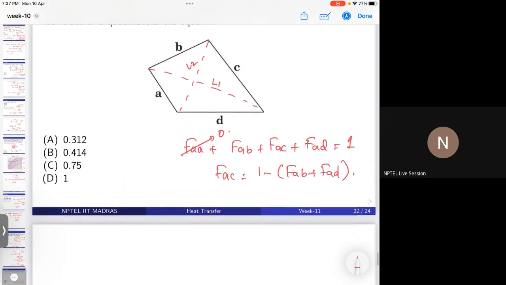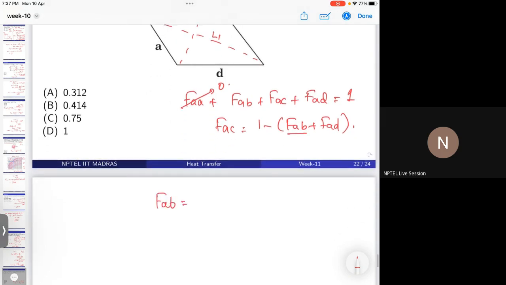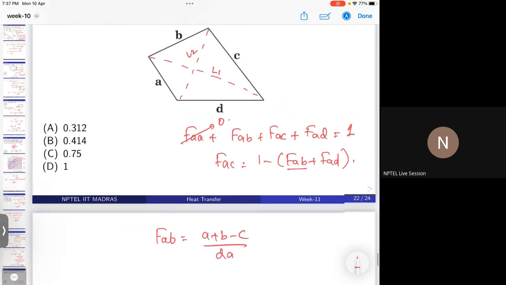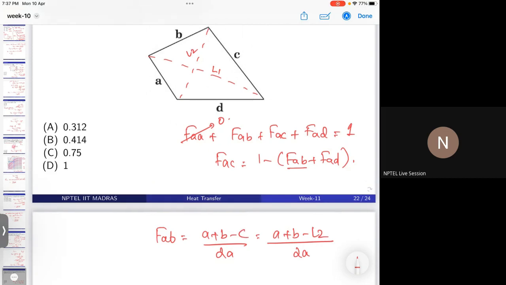So the view factor relationship for FAB: if I write this triangle, it comprises A, B, and because we have to find out AB, then AD. So FAB is equal to (A plus B minus C) divided by 2A. What is the third side, which is L2? So A plus B minus L2 divided by 2A. That is FAB. For AD, I am considering this triangle, that is AD and L1.